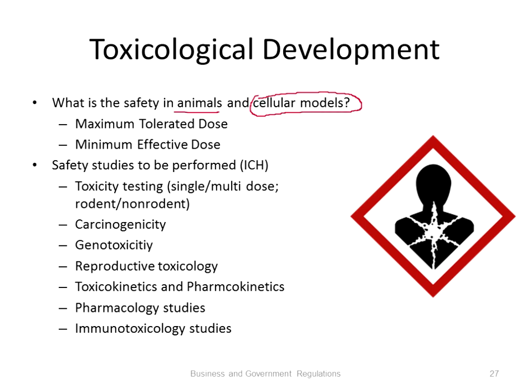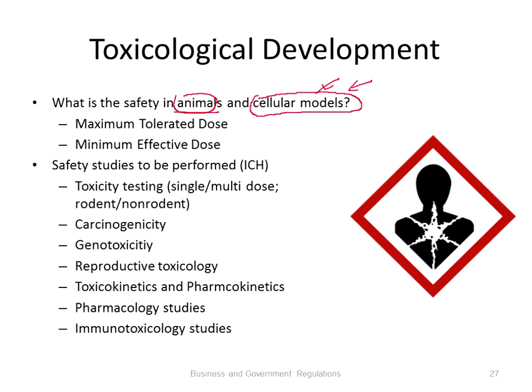You can treat certain tissue cultures with the drug to see if it is toxic to the cells. And you might want to use particular types of cells to see if the drug is toxic to those particular types of cells. So first you try to use cellular models, and then you might want to use animal models.